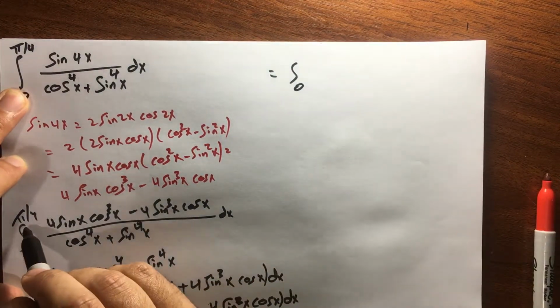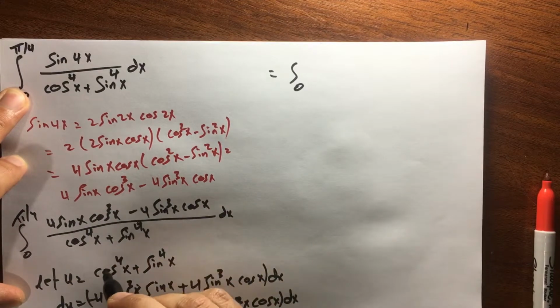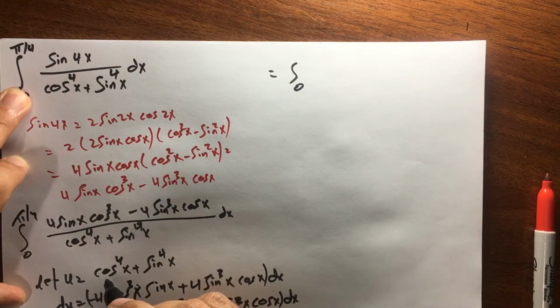Now for the upper limit, which is pi over 4, cosine of pi over 4 is 1 over square root of 2.